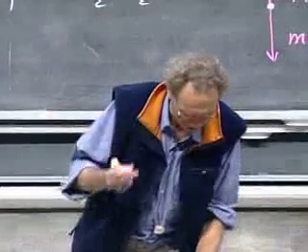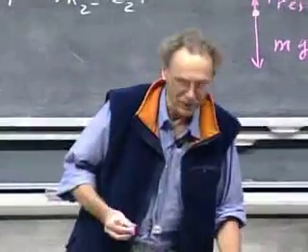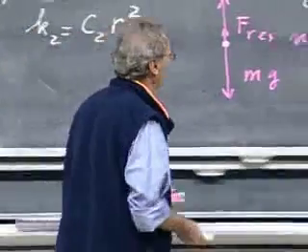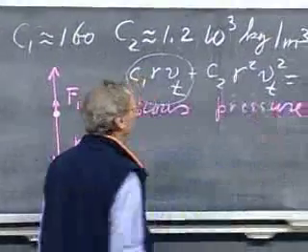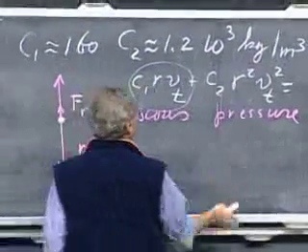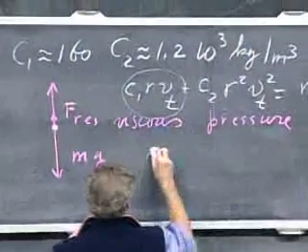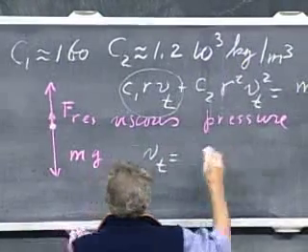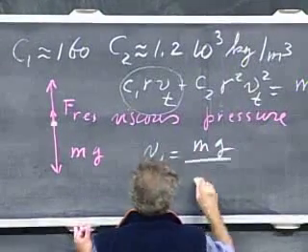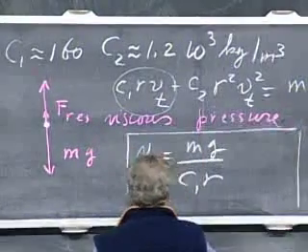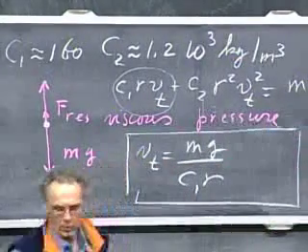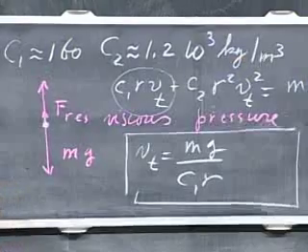So the speed will remain way below 100 miles per hour, and therefore this is a term that will dominate, and this term can be completely ignored. And if that term can be ignored, you can see that immediately the terminal velocity is going to be mg divided by c1 r. And that, by the way, for our 1/4 inch ball bearing, turns out to be something like 2 centimeters per second.